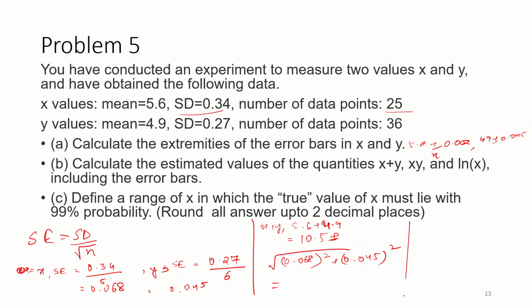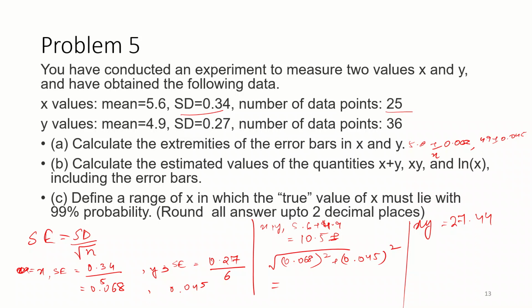For xy it is similar. You have to first calculate the multiplication product. It is 5.6 into 4.9, which is 27.44.